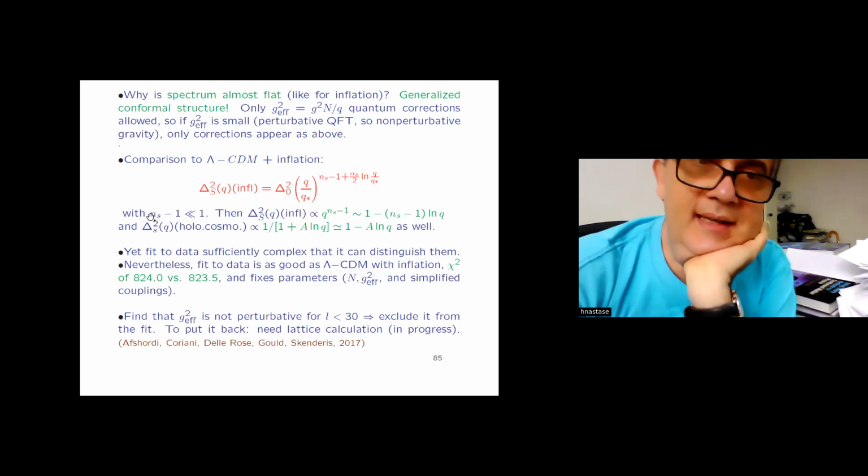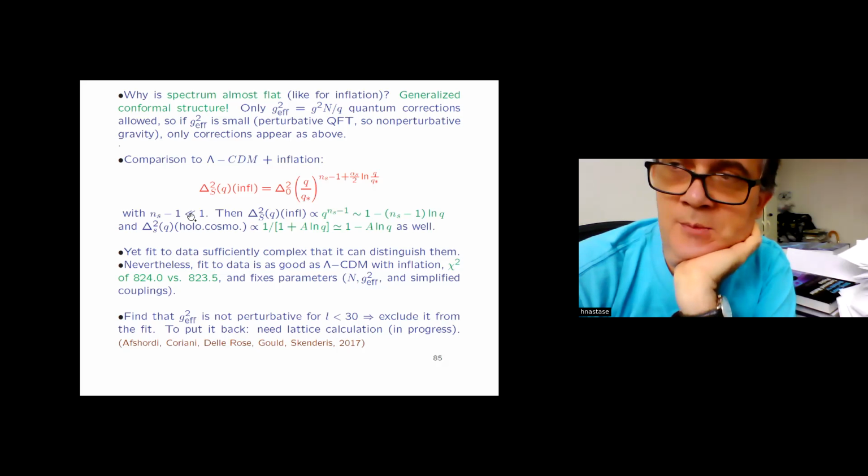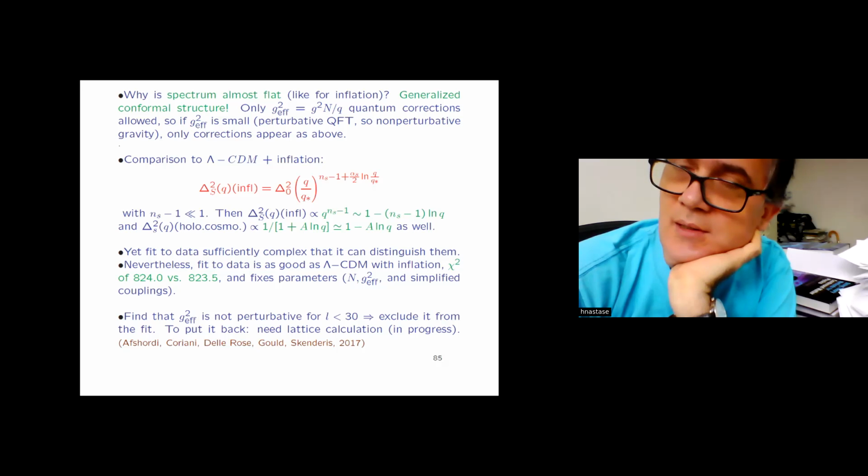And as you know, this ns minus 1 is much smaller than 1 in inflation, right? Experimentally, it's about 0.025.